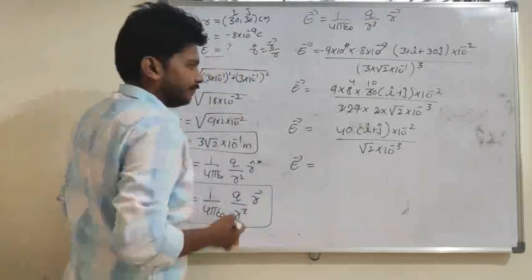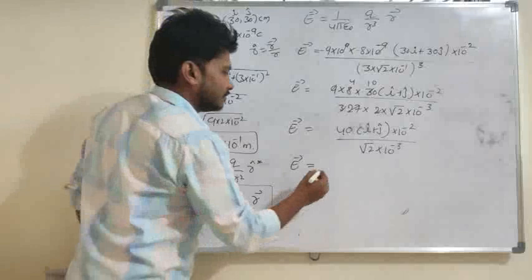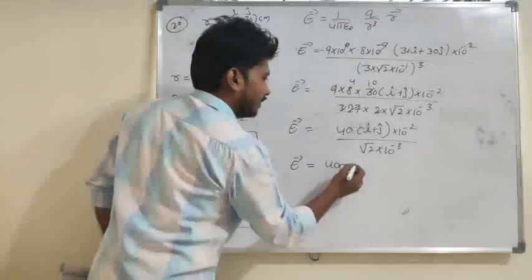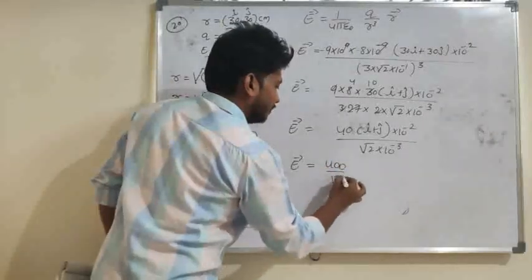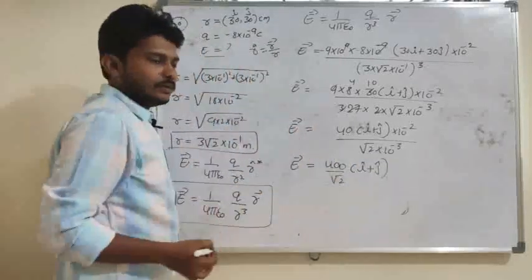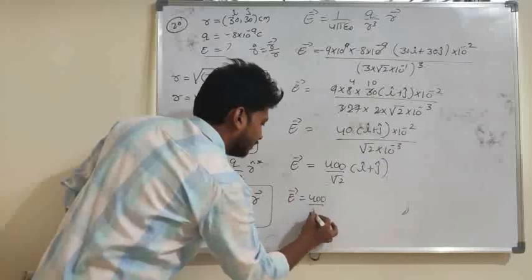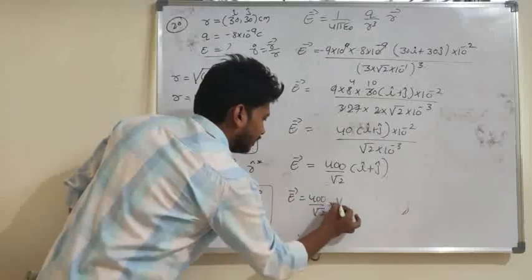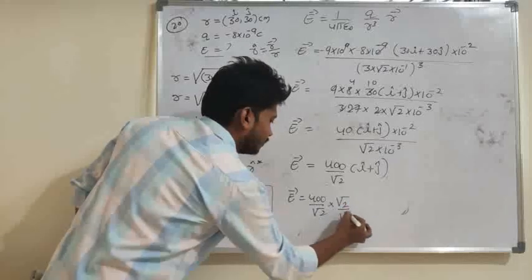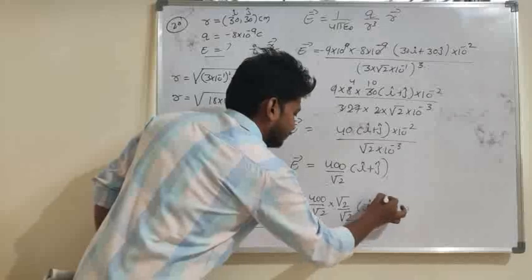So look at here, minus 2 plus 3, so that is 10. So that is 400 divided by root 2 into i cap plus j cap. So shall I write this equation as 400 divided by root 2, and shall I write root 2 into root 2 here, i cap plus j cap here?